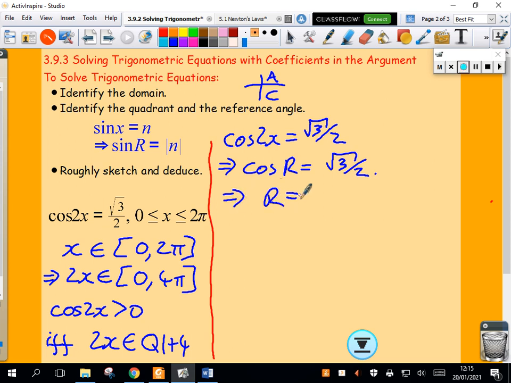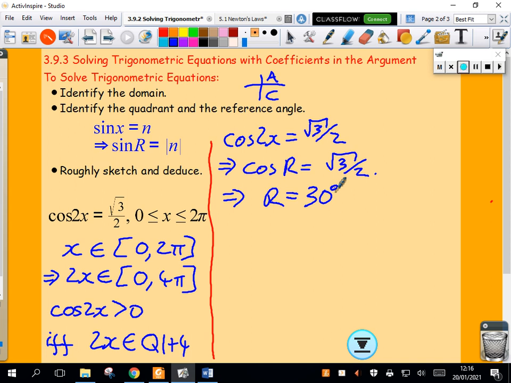You should know the reference angle at this stage. Cosine of 30 degrees is root 3 over 2. The reference angle here will be 30 degrees. If you're unsure about that, just type in cosine inverse of root 3 over 2 into your calculator. Cosine inverse square root 3 divided by 2, 30 degrees. Okay, that's my reference angle.